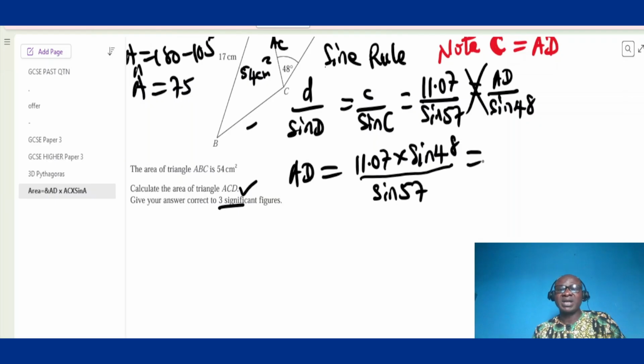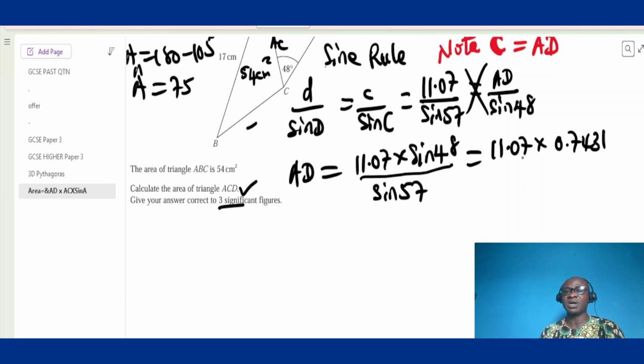All right. Therefore, the value of sine 48, so I write 11.07 multiplied by sine 48, which is 0.7431, divided by the value of sine 57, and sine 57 is 0.8386.